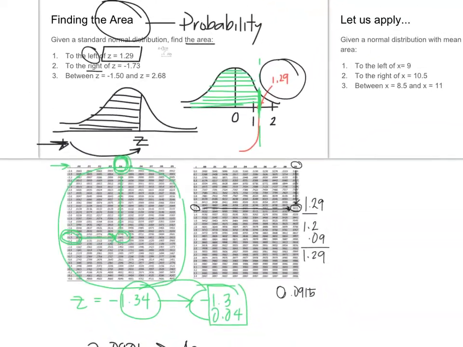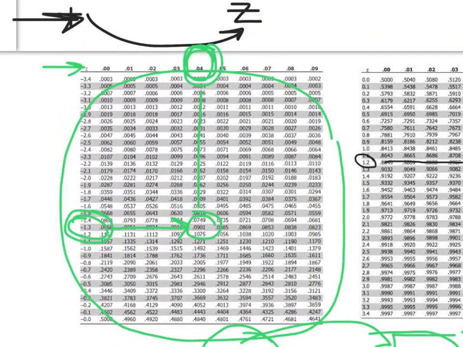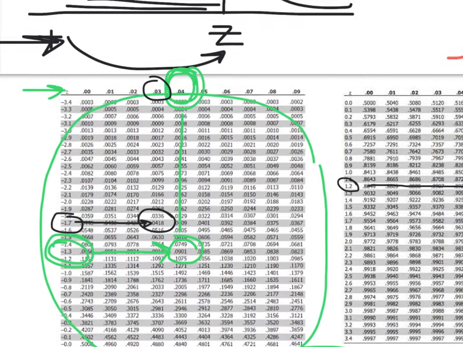So for negative 1.73, first locate negative 1.7 and then 0.03. You trace until you reach the column for 0.03, and that is 0.0418.